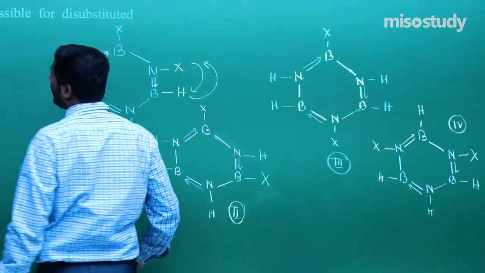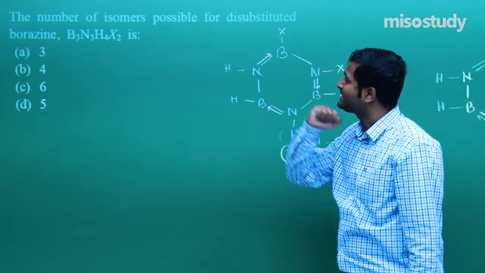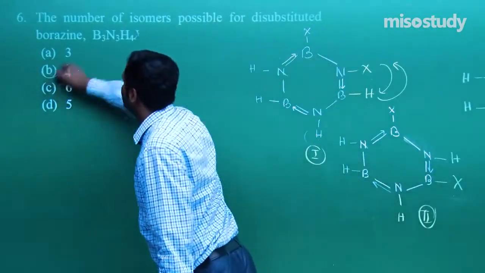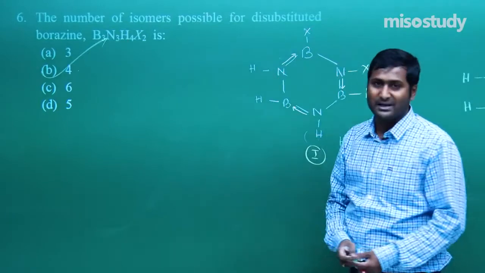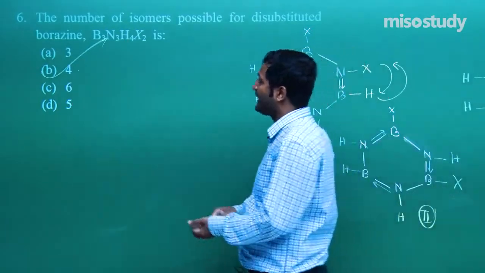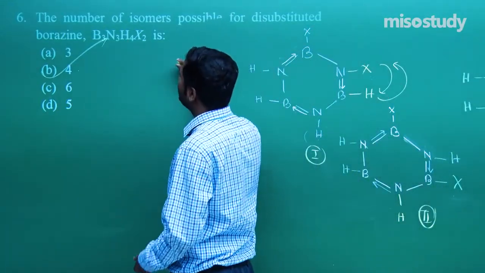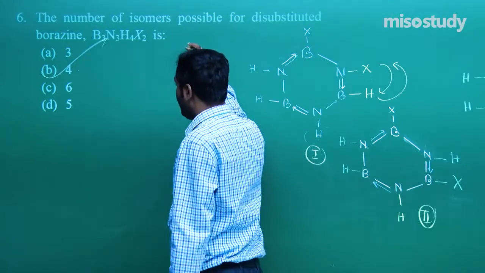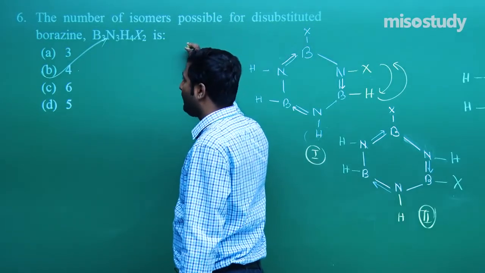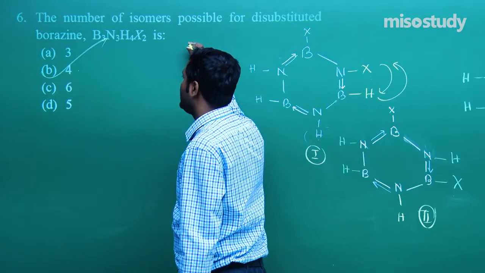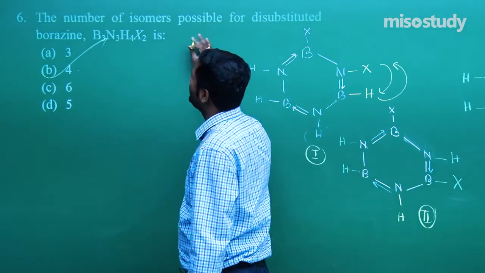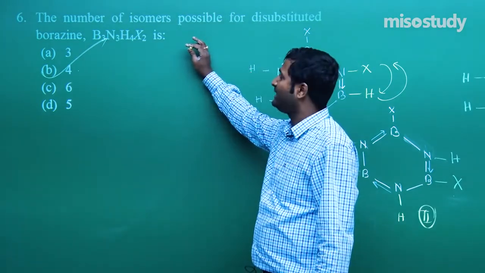So total number of possible isomers in this case is 4. So for question number 6, B is the correct option, and this is one of the most beautiful questions for JEE Advanced Examination 2019. Clear?